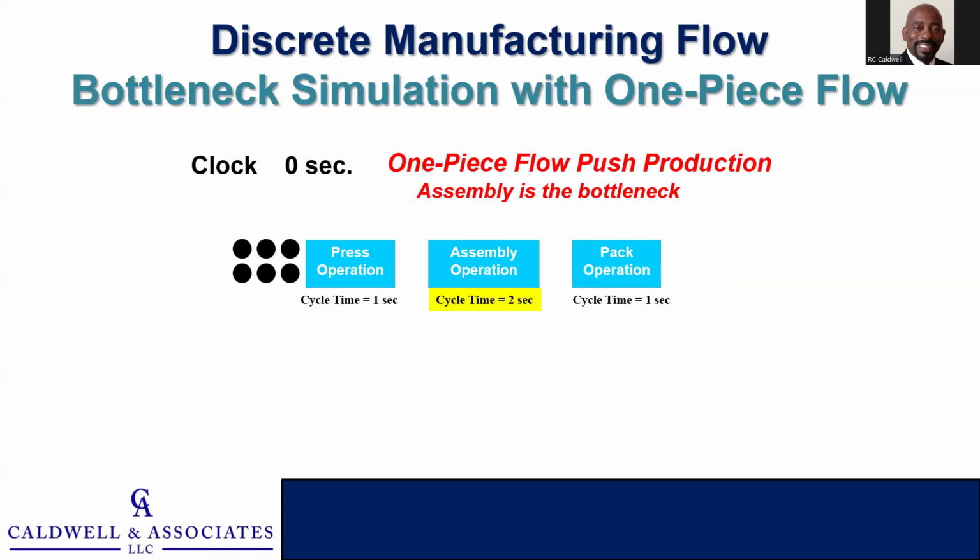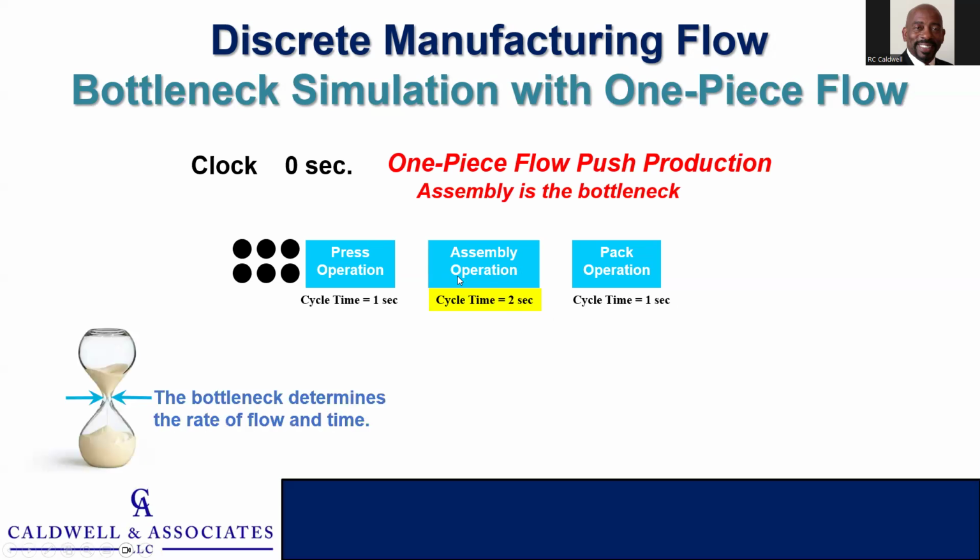Now let's look at the same system, but now we have a bottleneck. Assembly is 2 seconds. We're still going to have a push system. We still want each one of these operations to operate at 100% efficiency, and we want to see how long it takes to get to 6 finished goods. Just to let you know, the bottleneck determines the rate of flow and the time.